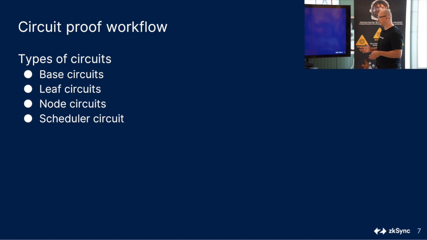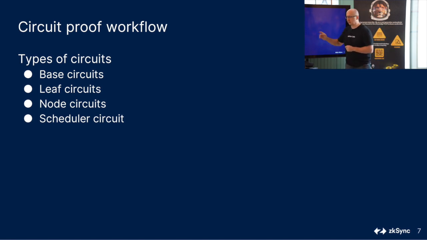We have different types of circuits for different types of operations. The main circuit, the generic circuit, is called main VM in our case, but there are other circuits like Keccak or circuits for memory and so on. And these circuits can then get aggregated into multiple steps until we arrive at the final circuit.